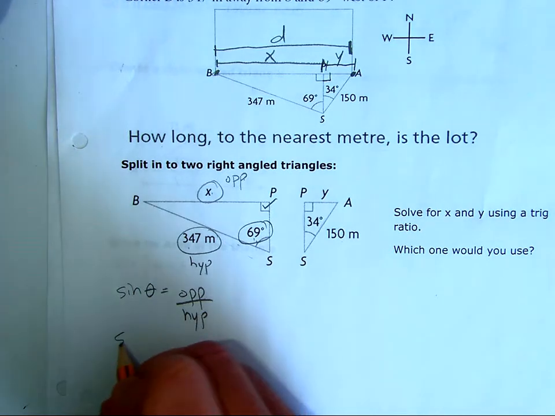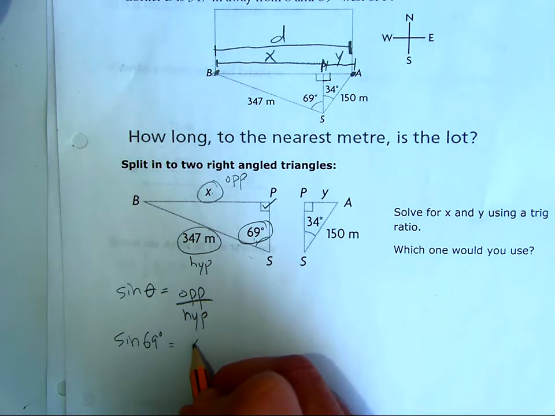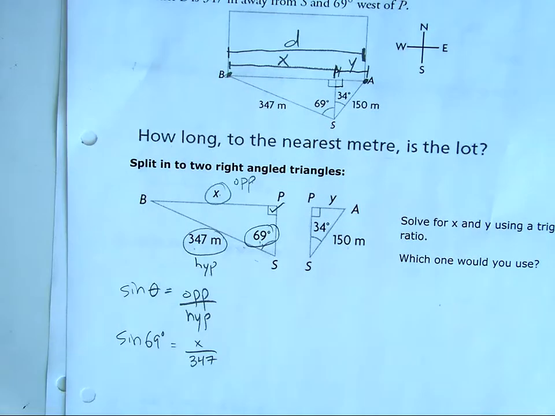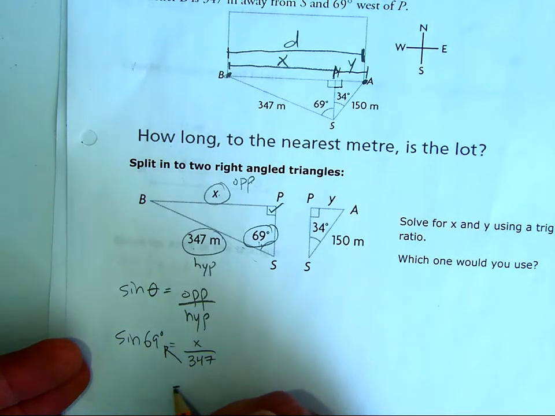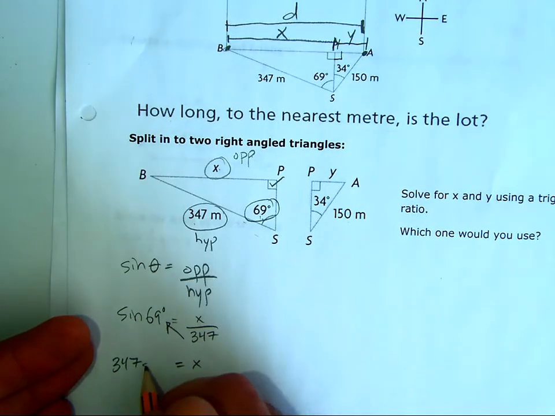Filling in the blanks, sine of 69 degrees is equal to opposite, which is x, all over hypotenuse, which is 347 meters. Since the x is already up top, we cross multiply the 347, so we get 347 sine of 69 is equal to x.